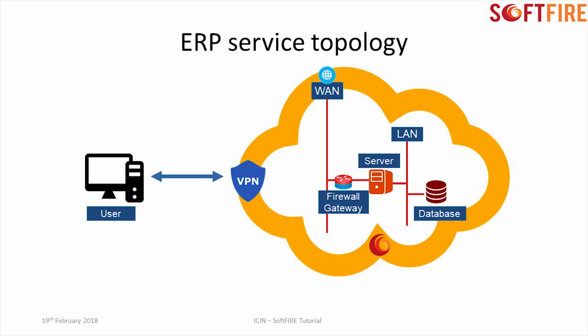The front-end server is connected both to the WAN and the LAN, and is the only component of the service that will have access to the internet.